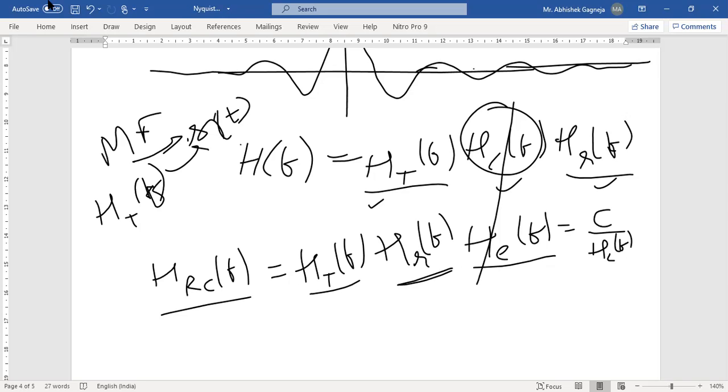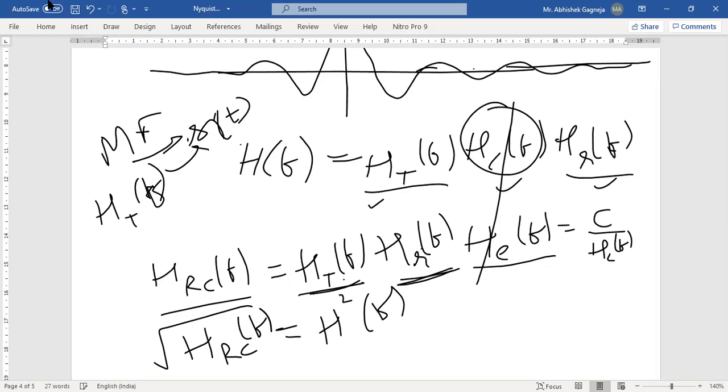Since my raised cosine is a symmetrical wave, that essentially means that the flipped version is also going to be the same thing. And hence we assume that HTF is equal to HRF, hence making this H square F. So the individual implementations of HT and HR are done like the square root of HRC, hence calling it root raised cosine.